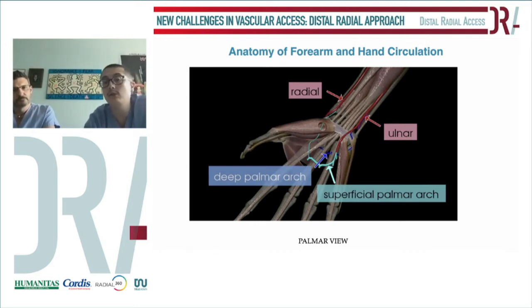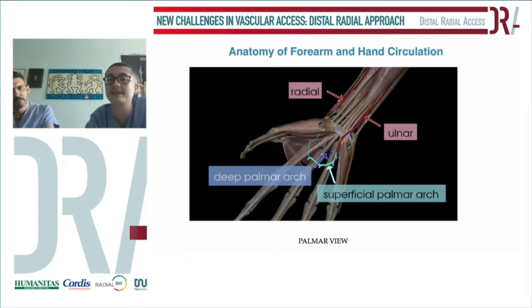And we have to know that the deep palmar arch is complete in 99% of cases. It means that the deep palmar arch is always supplied, from the first finger to the last finger, by both the ulnar and radial artery. On the other hand, the superficial palmar arch is incomplete in 50% of cases.